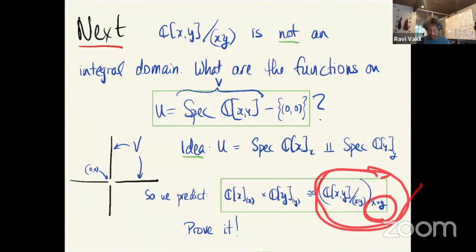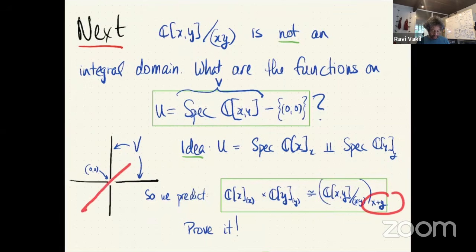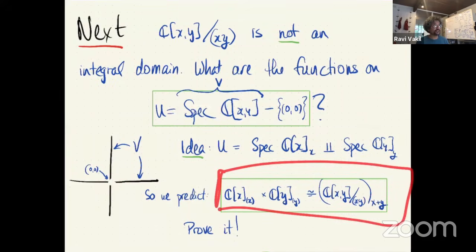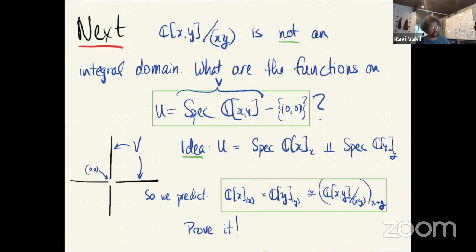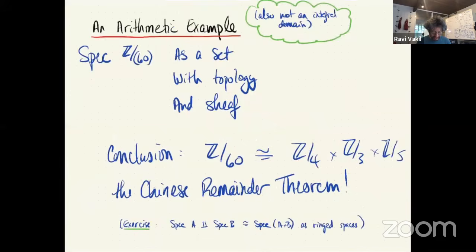You could throw out the locus where x plus y = 0. And that's exactly cutting out the origin inside here. So we predict an algebra fact, which is that these two things are isomorphic as rings. And now you can prove it, and it works. So this is a case of the geometry telling you something true algebraically. And if you are used to thinking algebraically and you're not used to listening to geometry, this will give you a chance to do it.